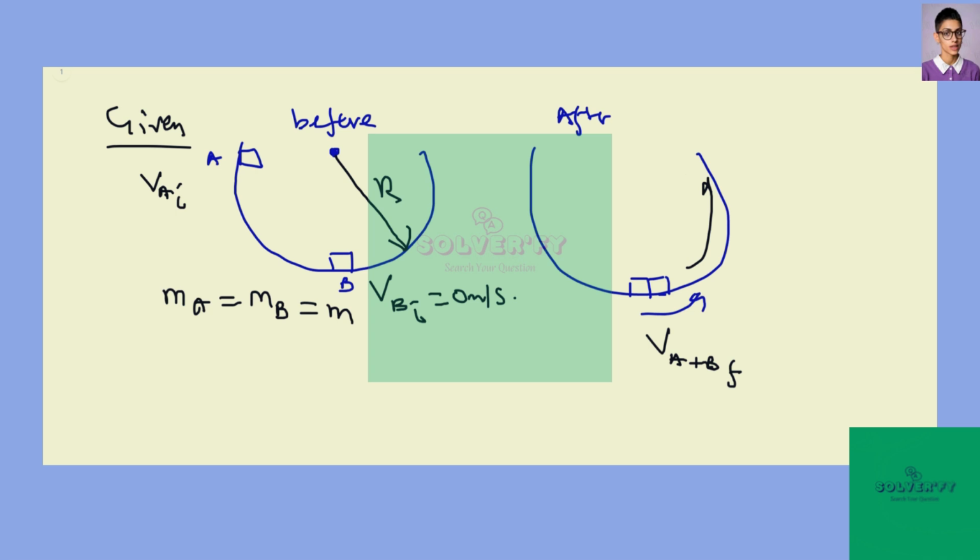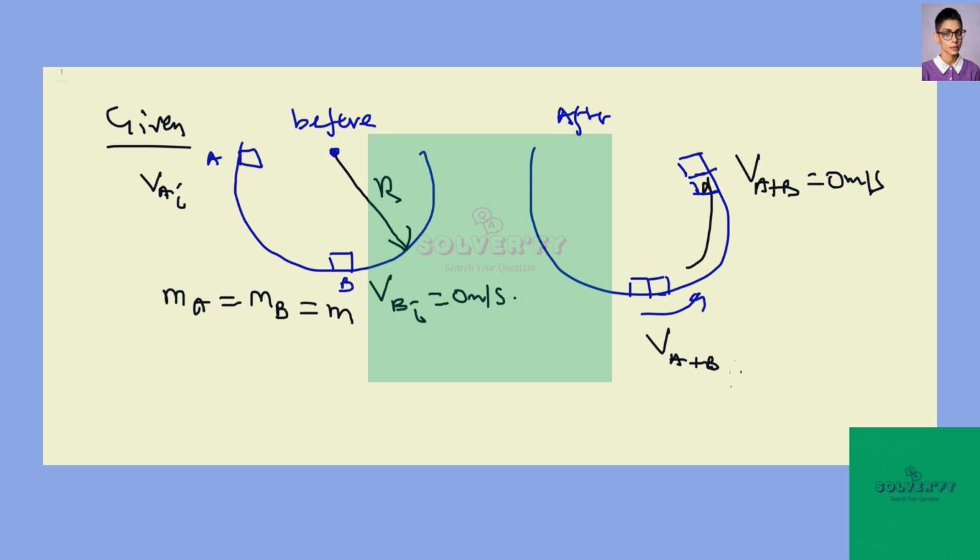They stop at some point right here, and when they stop, their final velocity happens to be 0. So V of A plus B equals 0 meters per second when they stop. We don't have to call this final. Let's just call it the combined velocity of A and B.